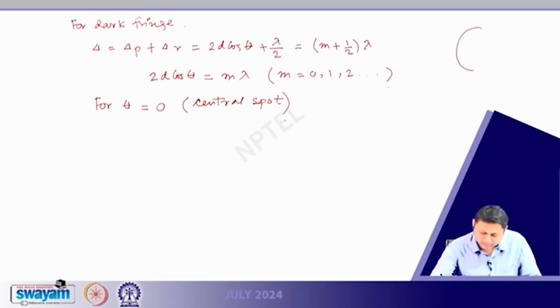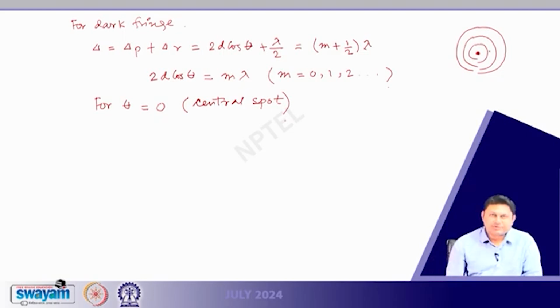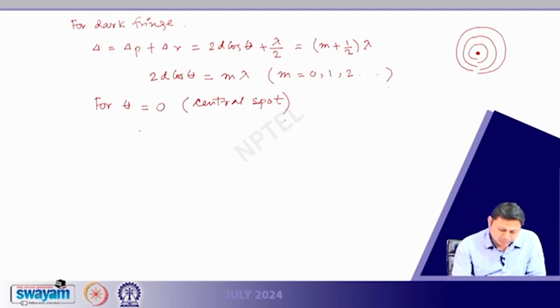Let me draw concentric circles, and this is our central spot. So, for the central spot we simply have 2d is equal to m lambda.